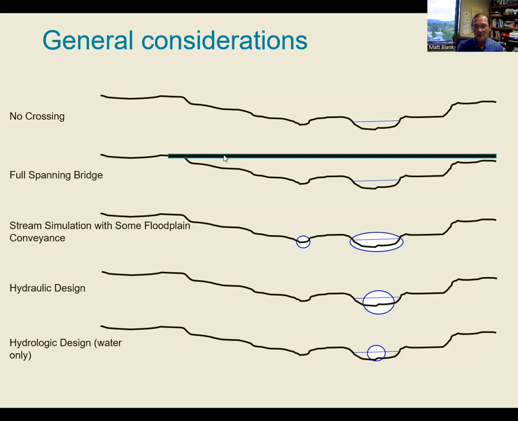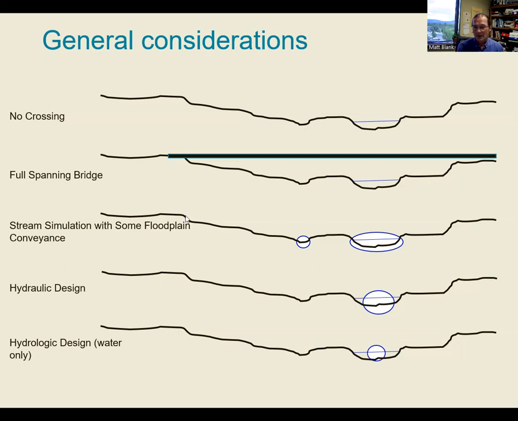The next option would be what's called the full spanning bridge. This bridge would be spanning not only the active channel, but the floodplains, of course, the riparian areas, and even adjacent habitats. Especially if you're doing a co-design with terrestrial and aquatic species both in that design, these are the kind of structures that might be really useful to think about.